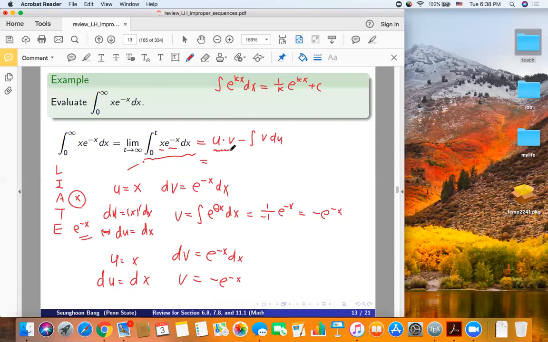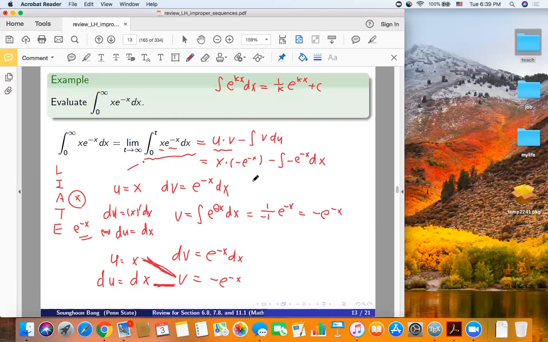What is u times v? Like this diagonal, u times v is x times negative e to the minus x. Minus the integral of v times du, the bottom one. The v is negative e to the minus x dx.